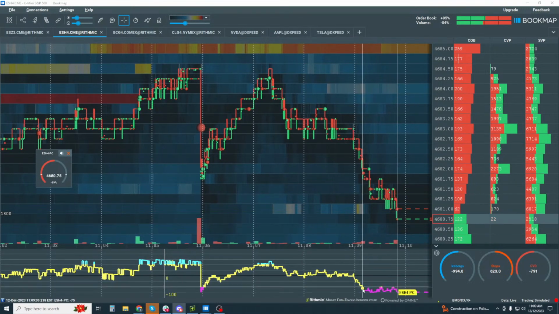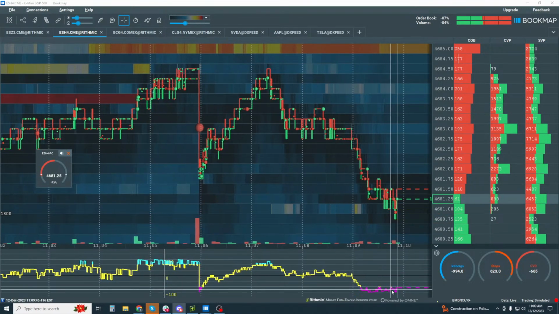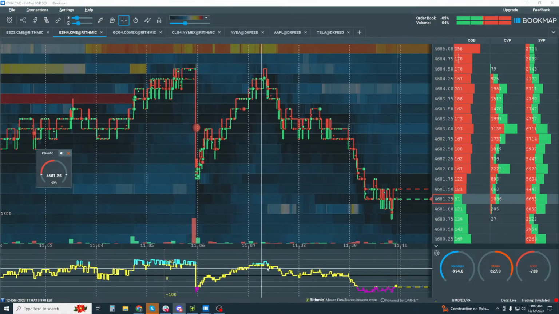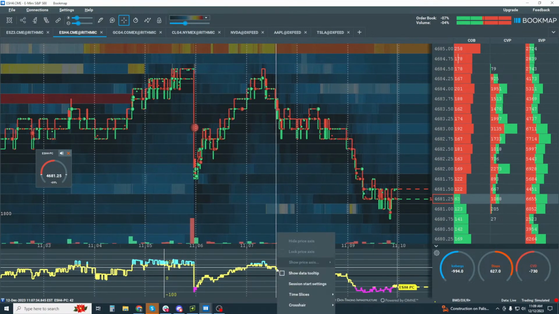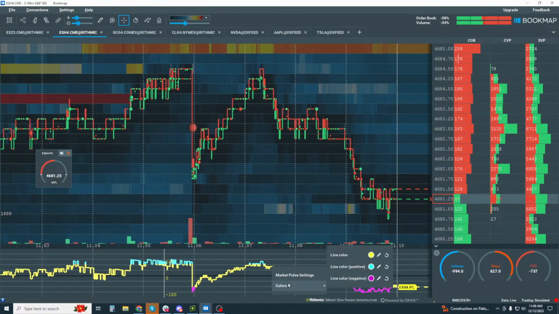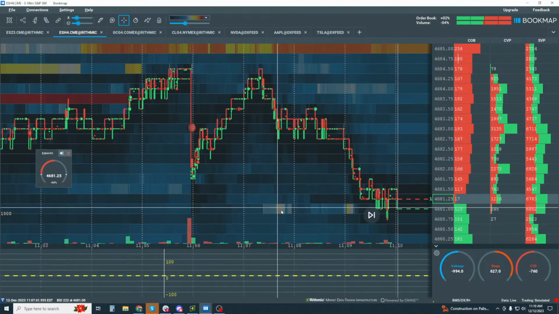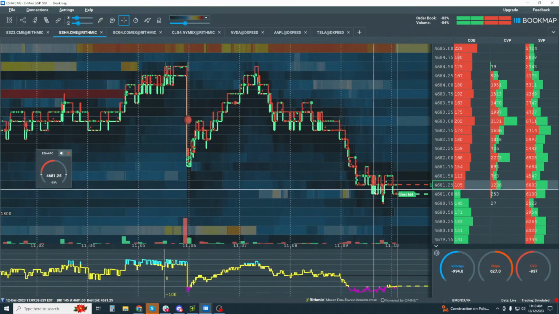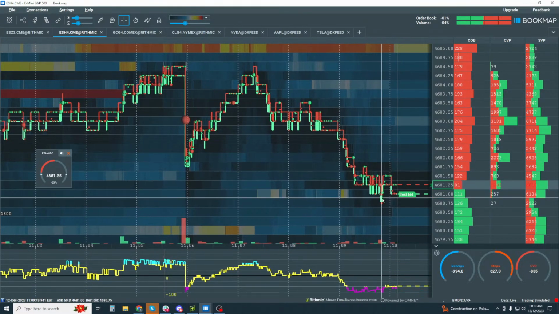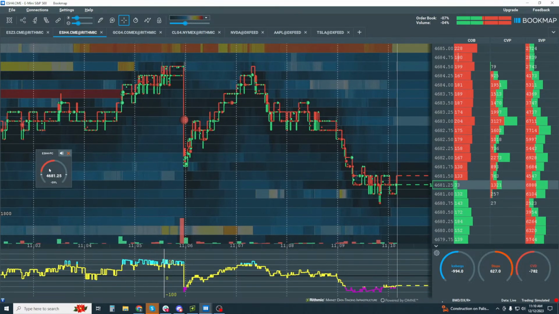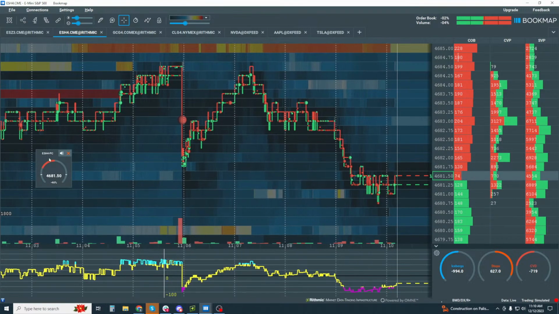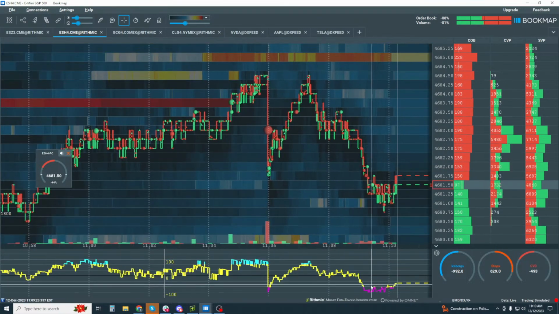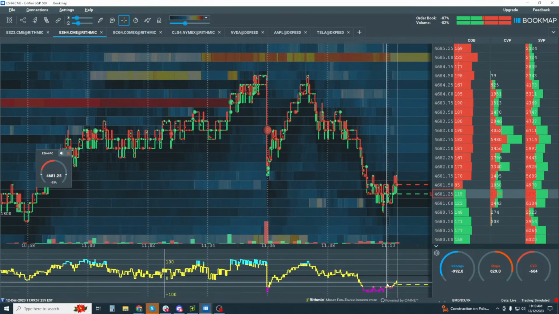Once it's below that level, you see how it's this purple color; if it's above, it's blue. I change the colors by right-clicking on here and going to color settings. But note how since it's still transacting down here, we're still getting this readout. Now it's kind of back in the range a little bit.